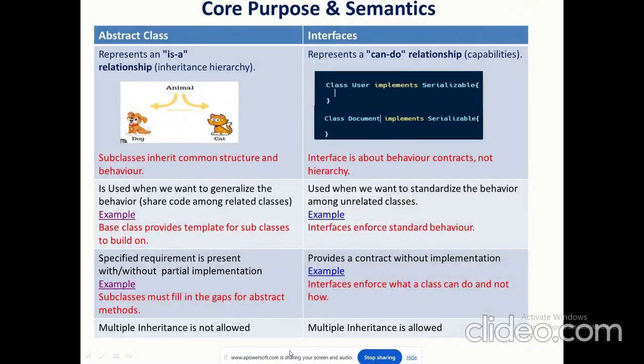Last but not the least, multiple inheritance is not allowed in abstract class to avoid the complexity of multiple classes, whereas interface provides this flexibility of implementing multiple interfaces or multiple contracts. Now, choosing between abstract class and interface depends on whether we are designing an inheritance hierarchy, which is an is-a relationship, or a capability, which means a can-do relationship.